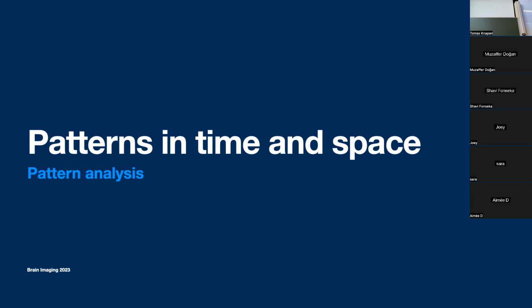We just have to reconsider the idea that we're just looking at four-dimensional signals in fMRI, right? And what else can we do with these four-dimensional signals? And one of the things that we'll talk about today is how to analyze those as patterns instead of trying to model the time courses.